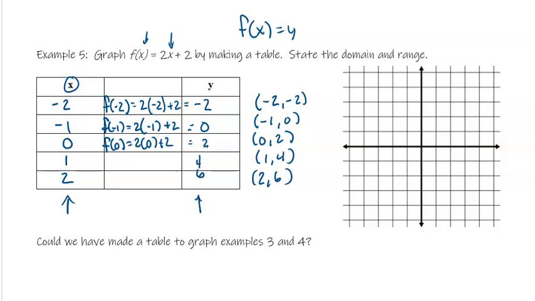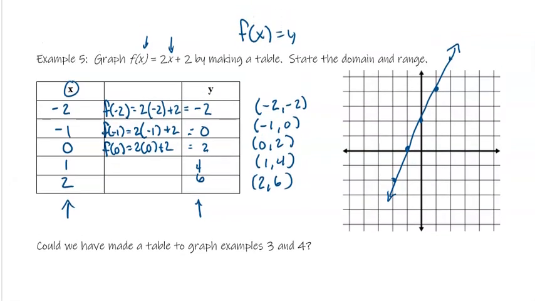Then you plot each of those points: -2, -2; -1, 0, sorry, it's the end of the day, I told you that before. Okay, 1, 4, and then 2, 6 will be somewhere up here. So now we have a graph of that line.